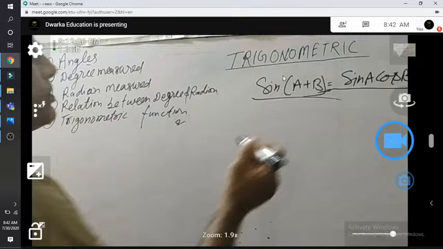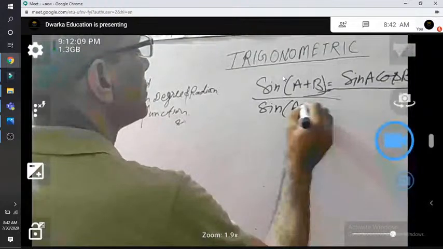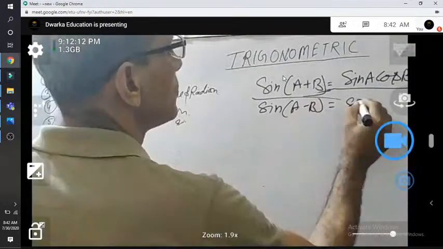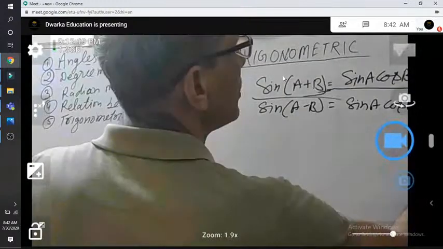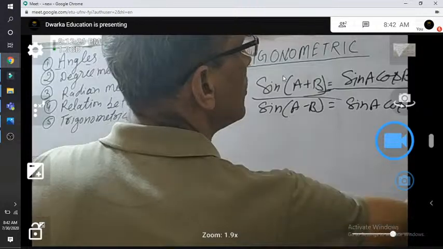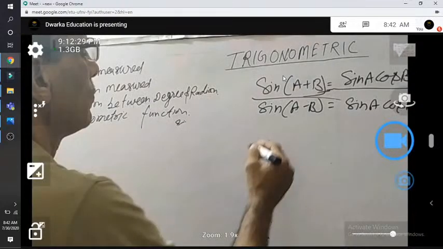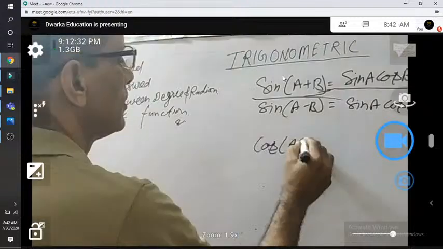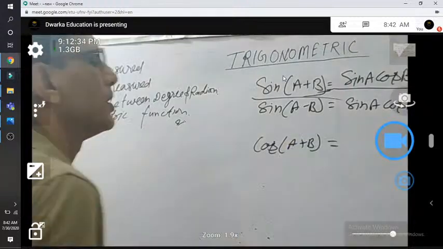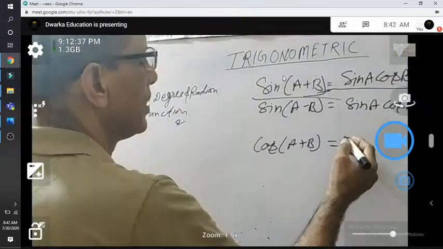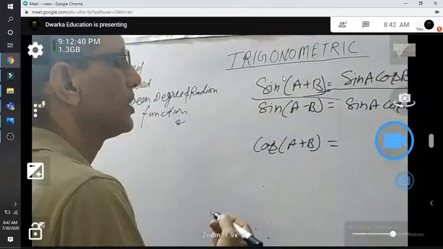Now sin A minus B is equal to sin A cos B minus cos A sin B. These are two formulas for sin, and now we say cos A plus B. We can solve this also in our next lecture by geometric rule.